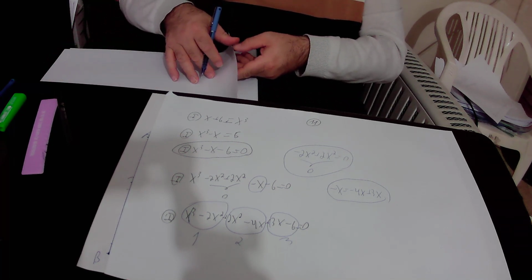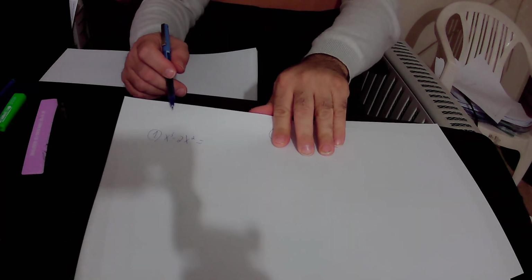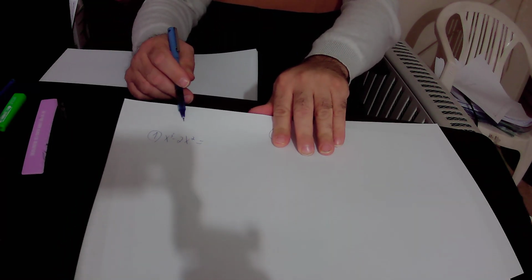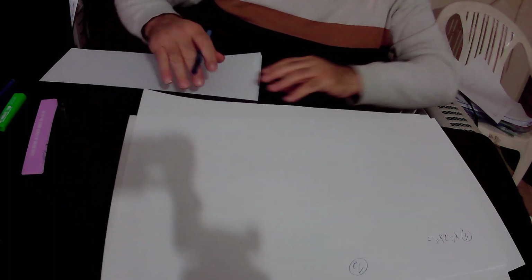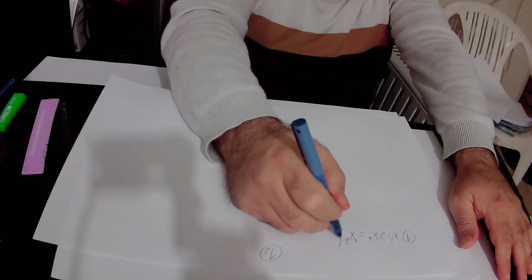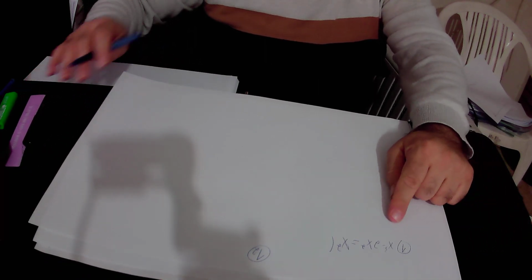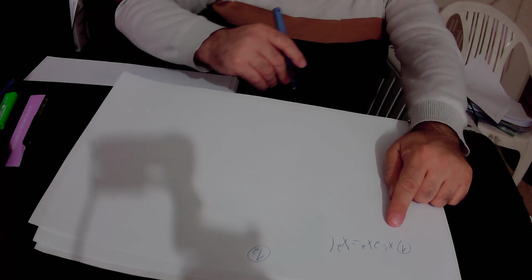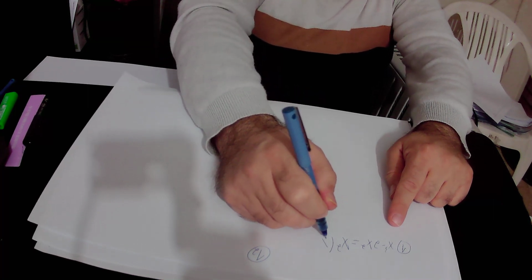So I copied the first part to here, and we will take a common factor from this expression. The common factor that we will take from this expression will be x squared. So actually what is left from x cubed after we took a common factor x squared from it, it is actually x.